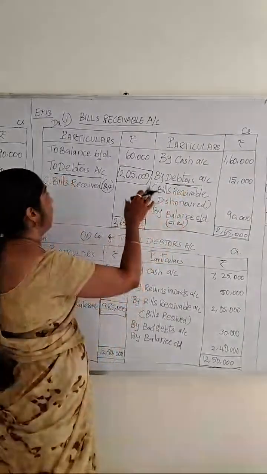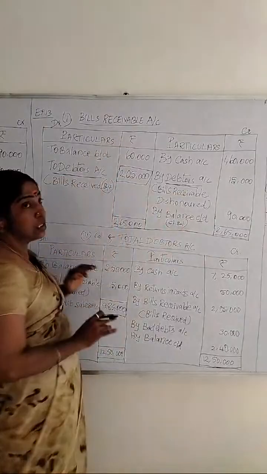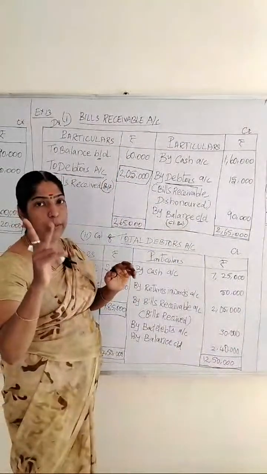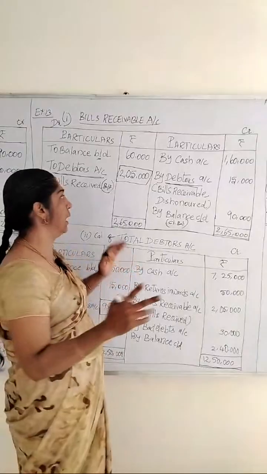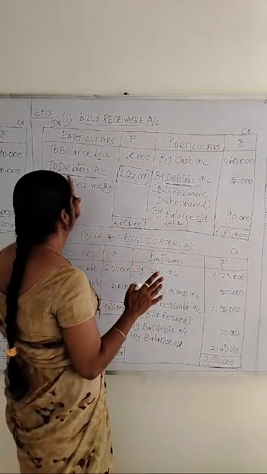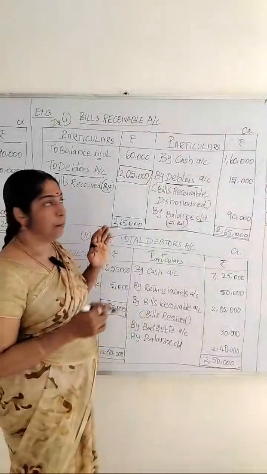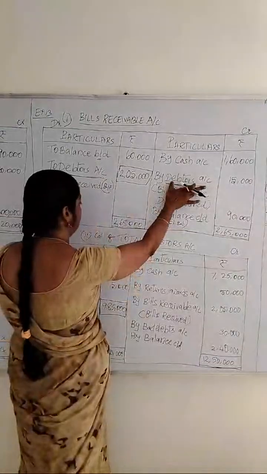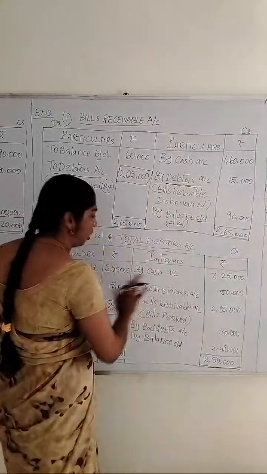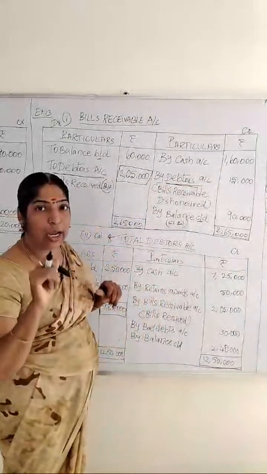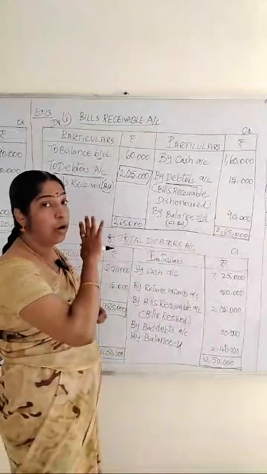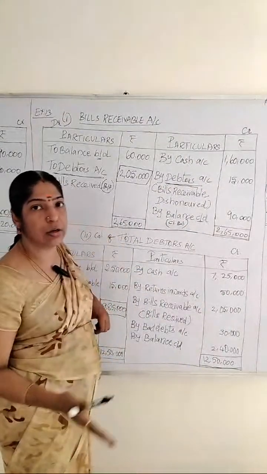Listen here carefully. If you take the bills receivable account, there are two debtors accounts on both sides: bills received from debtors account, and bills receivable dishonored from debtors account. These two debtors accounts go to the total debtors account. How can you write? We have to enter in reverse order.